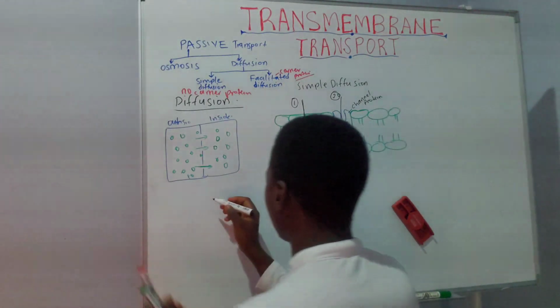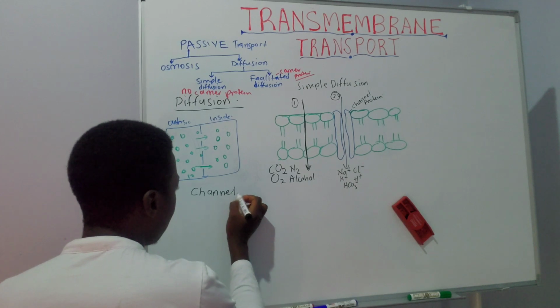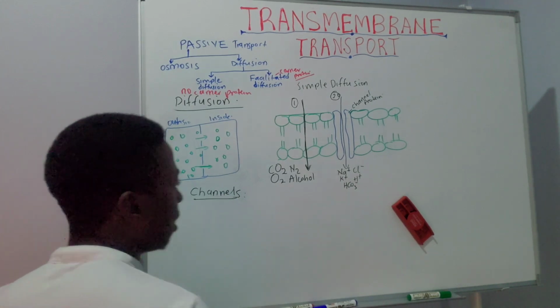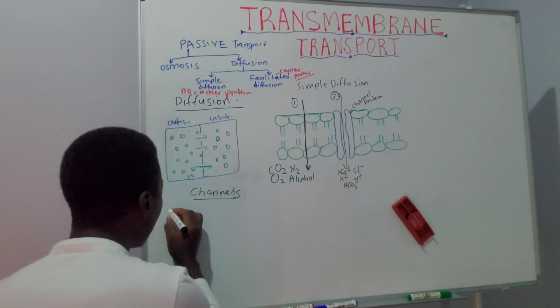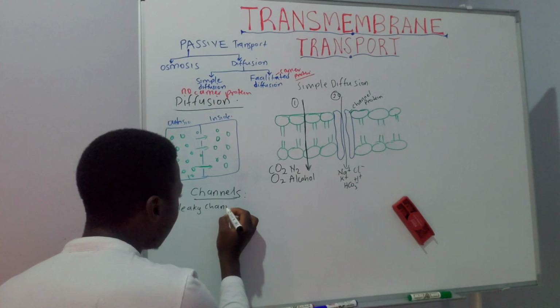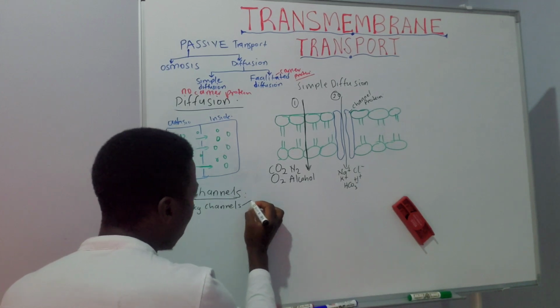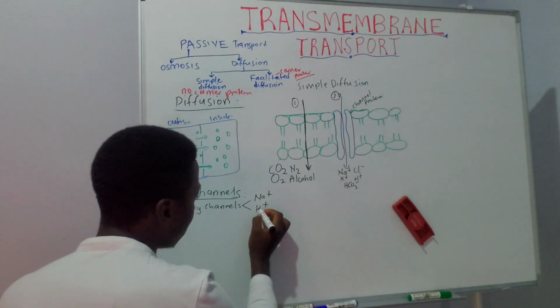So I need to tell you more about these channels in simple diffusion. For example, you've heard of leaky channels: we can have leaky sodium channels and leaky potassium channels.